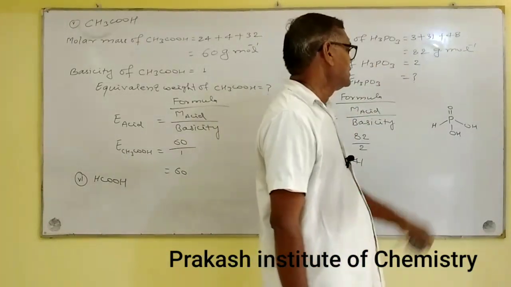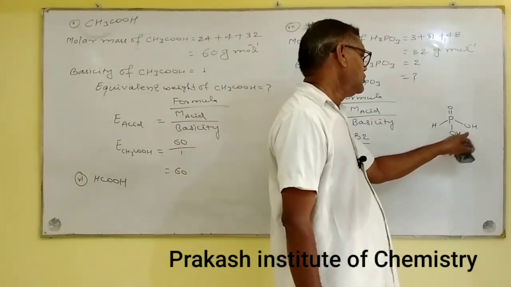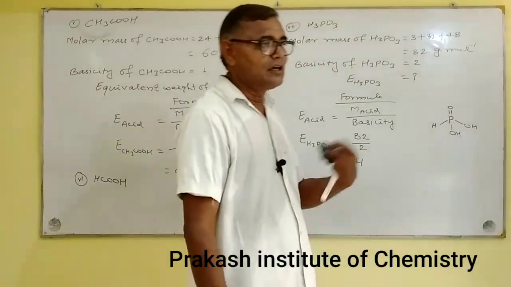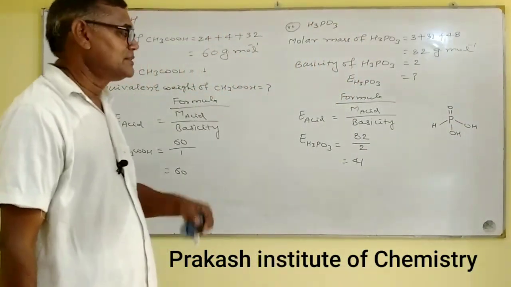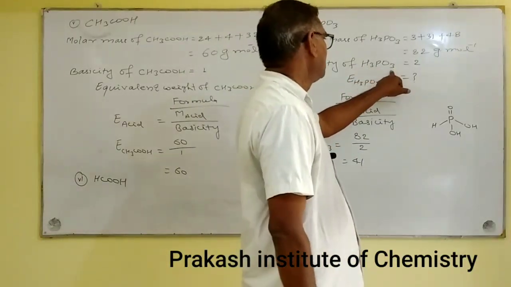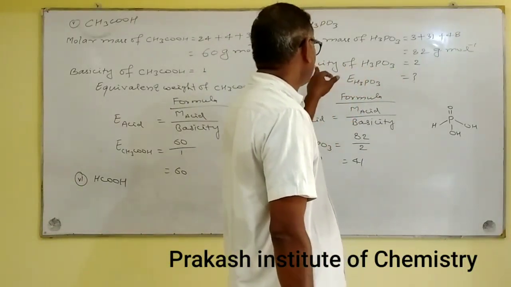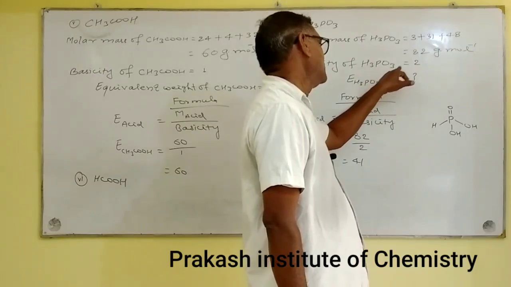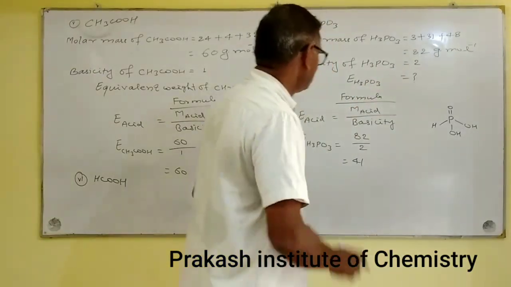In H3PO3 only 2 atoms converted into H plus ion, therefore basicity of H3PO3 is equal to 2.